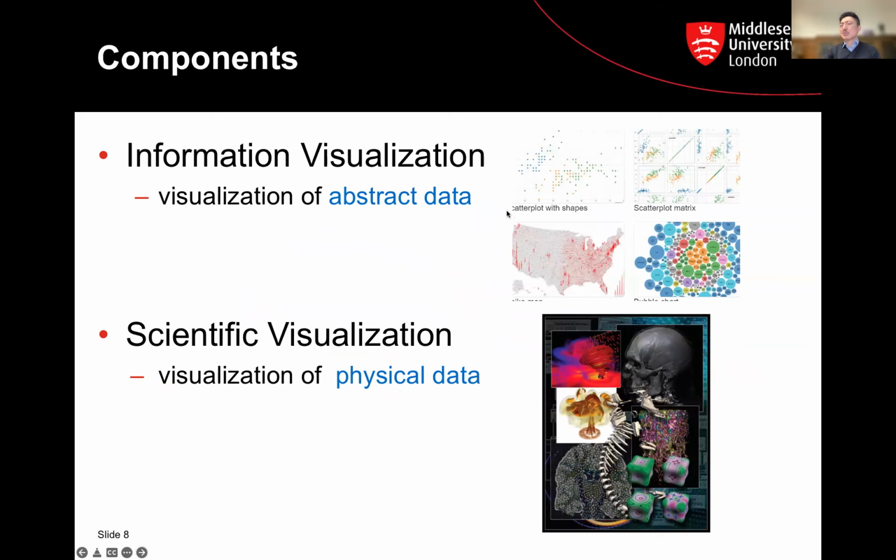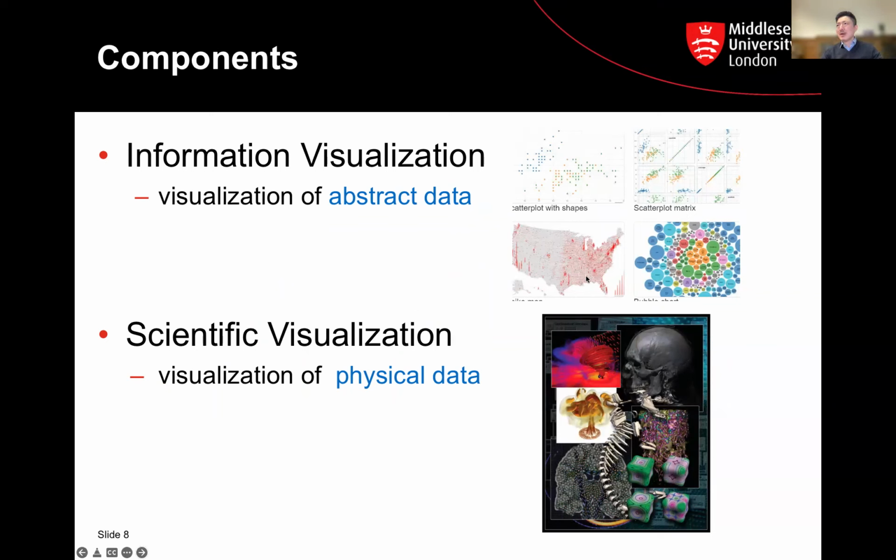Okay, and so these are some examples of showing abstract data. We would have seen this, and this is a scatter plot, and this is a scatter plot matrix, which some of you tried in the second coursework. And this is the map.